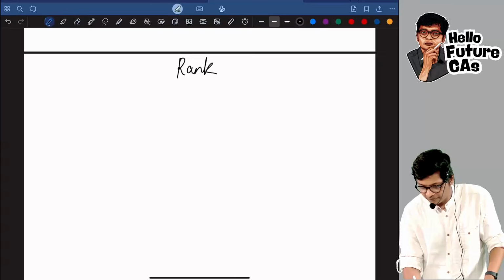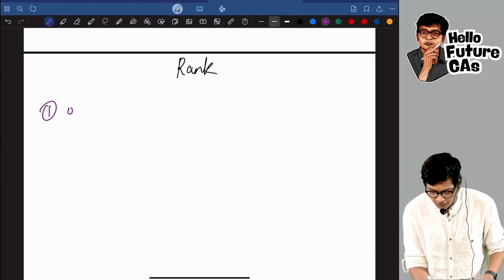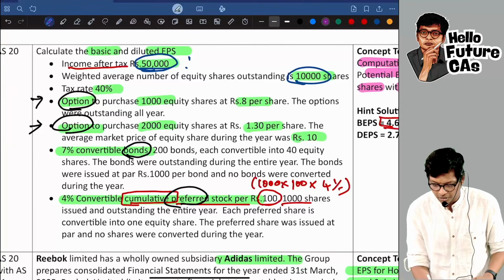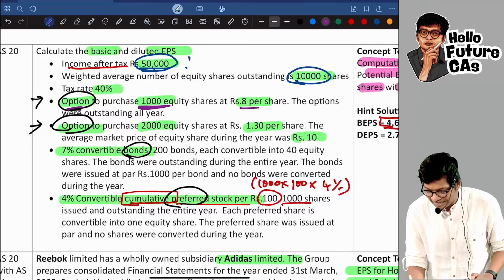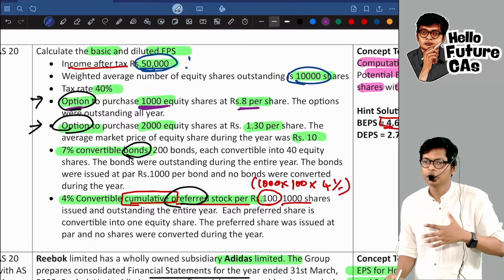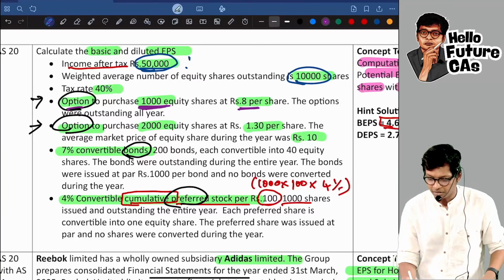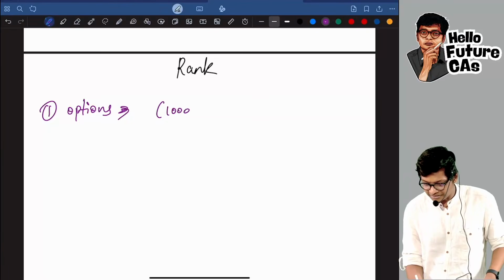Why ranking? In this sum, for those who don't know, I will explain with the sum itself. First, options. I will do one option, and you will help me with the other. Option to purchase 1,000 equity shares at 8 rupees per share. You need to find out how much the denominator will increase. I will do this for you, guys. So 1,000 shares, how much are they paying? 8 rupees per share.